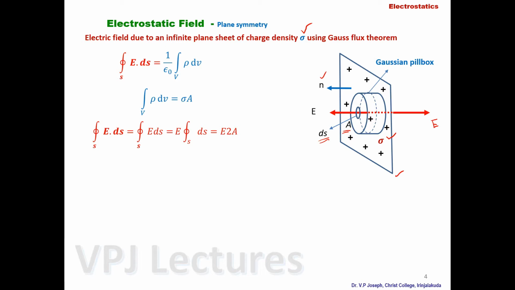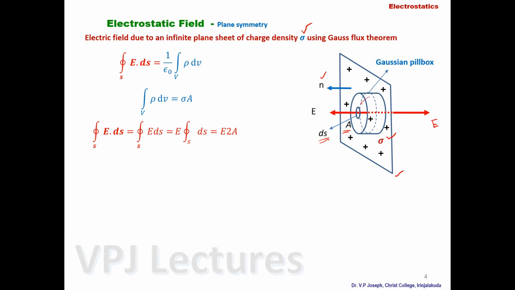Let us expand the left hand side and right hand side of the integral equation. The charge enclosed within the Gaussian surface is the charge associated with a small circular portion of the charge sheet inside the Gaussian surface.